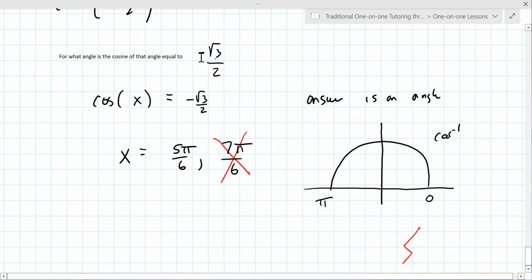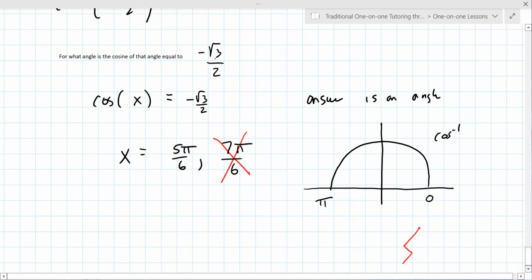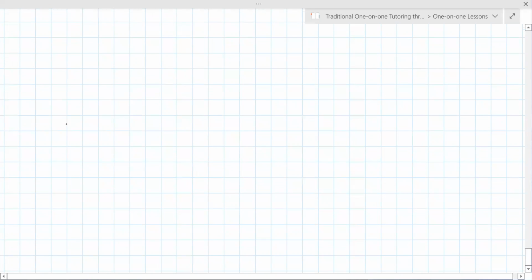So let's do another one though. Let's do another one here. Let's go cosine inverse of tangent of minus pi over 4.